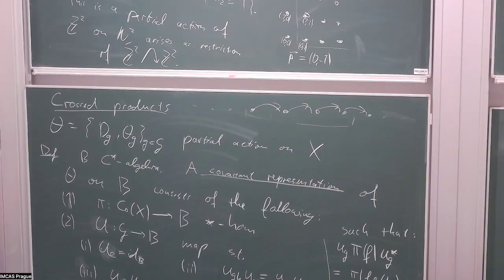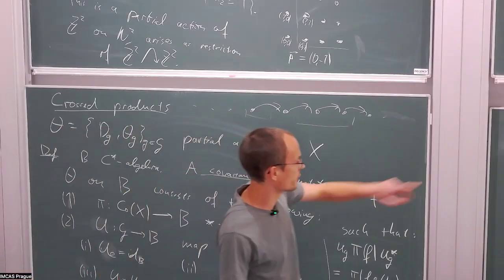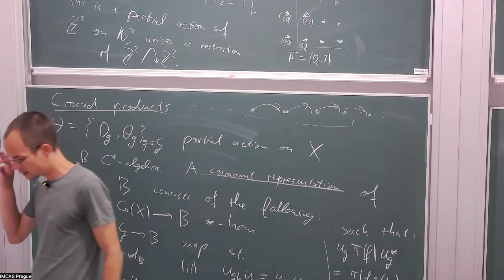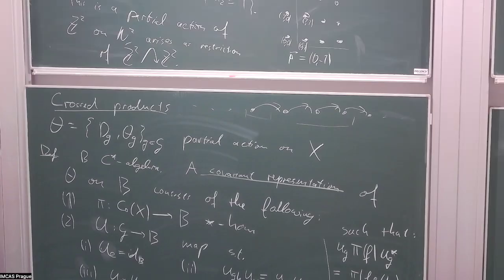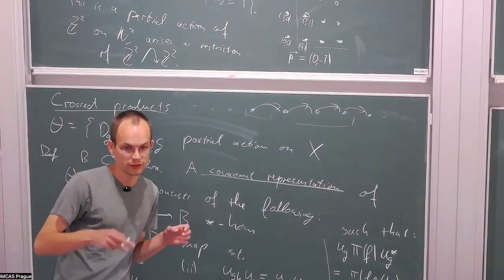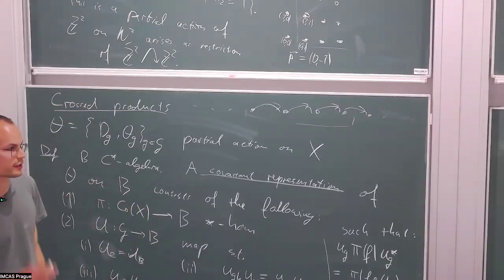So yes and no. As I said, there are different cross products, actually. Given a partial action, you can form a star algebra, and that star algebra will always be the same. But then there exist different C-star completions. The smallest one is called the reduced cross product, and that is constructed in exactly the way you just said.